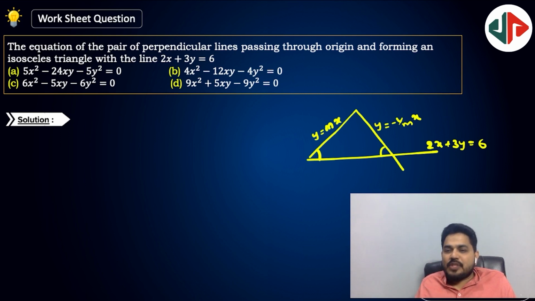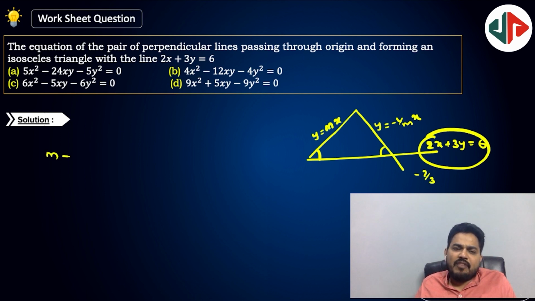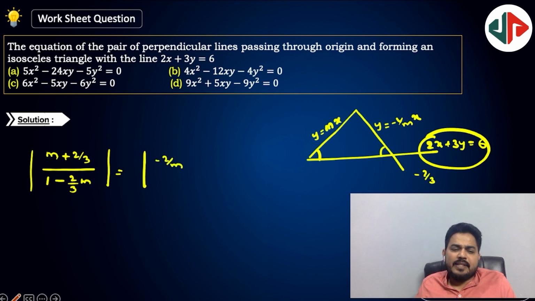So the slope of this line is minus 2 by 3. So modulus of (m minus of minus 2 by 3) by (1 plus m into 2 by 3 into m) is equal to modulus of (minus 2 by 3 minus of minus 1 by m) by (1 plus 2 by 3m).